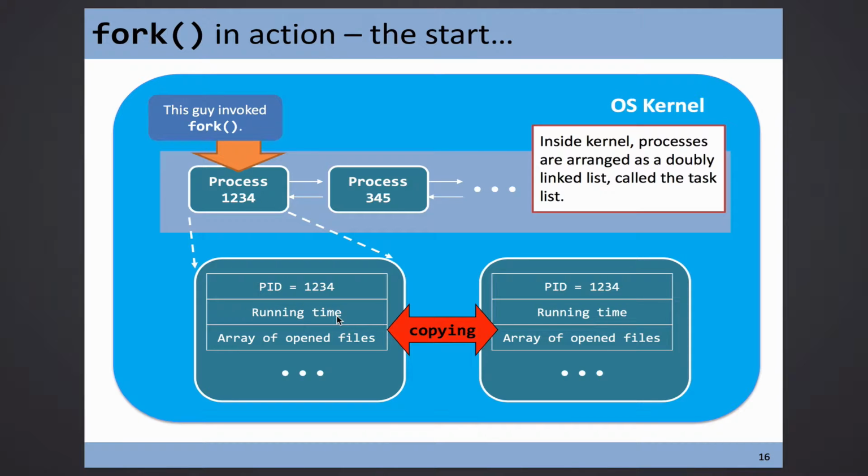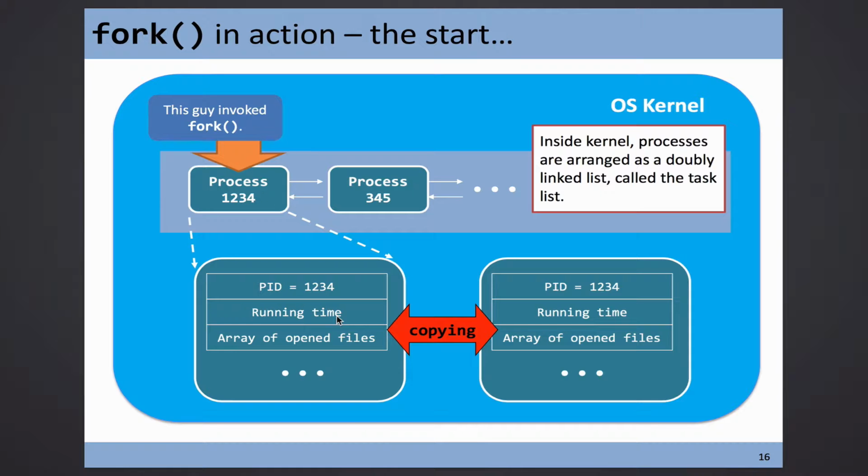By the duplication, the process structure inside the kernel contains a lot of things. One of the things we have here is, let's say, the running time, a number, an array of open files. Later on, I will show you a program playing with this array of open files. And the PID, they are all duplicated.